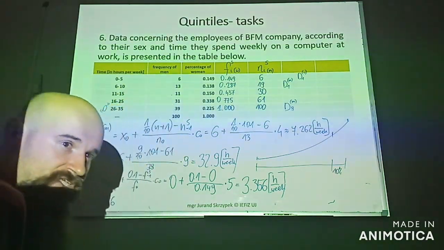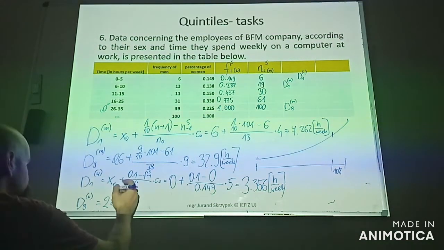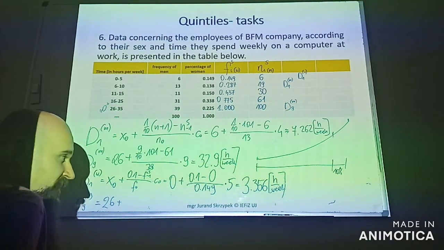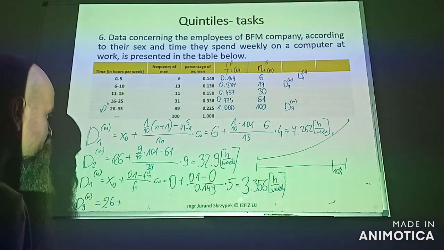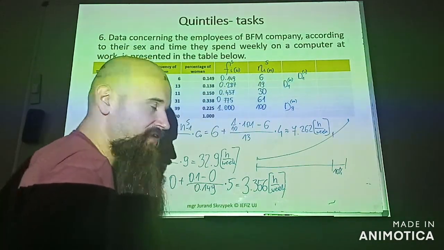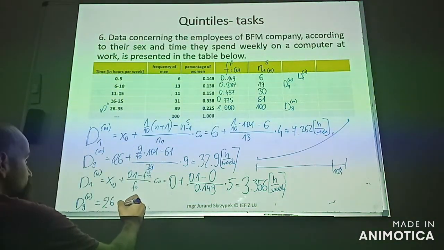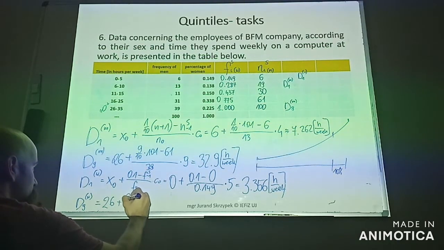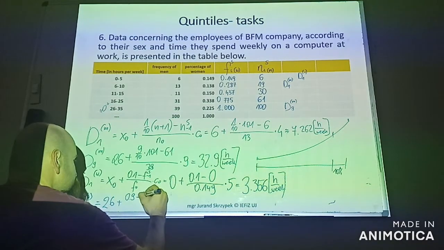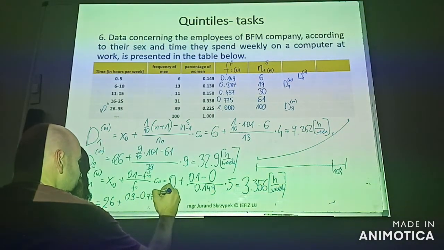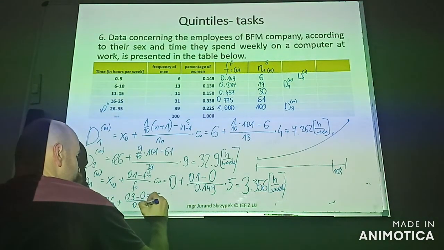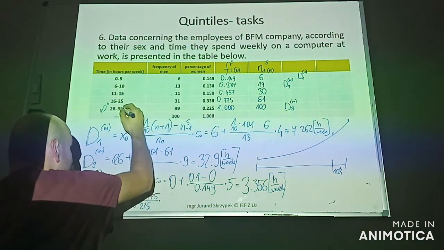Yes, it's a normal situation, because I'm talking about the extreme groups, the groups which are characterized by extremely small or extremely high values. 26 plus, and here we have 0.9 minus 0.775 divided by 0.225 multiplied by 9.